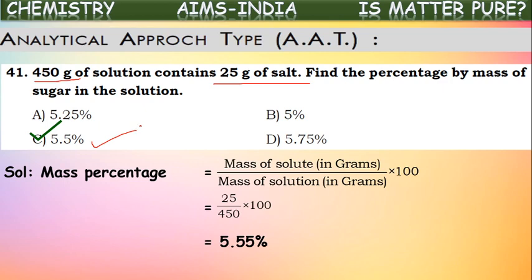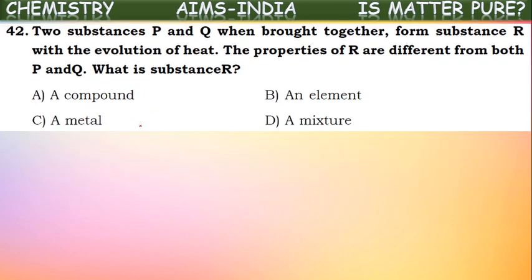Okay. One more problem. Let us see. Two substances P and Q are brought together to form substance R with the evolution of heat. The properties of R are different from both P and Q. What is this substance R? What is happening here in the reaction?